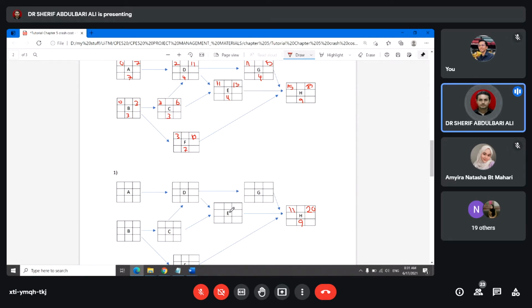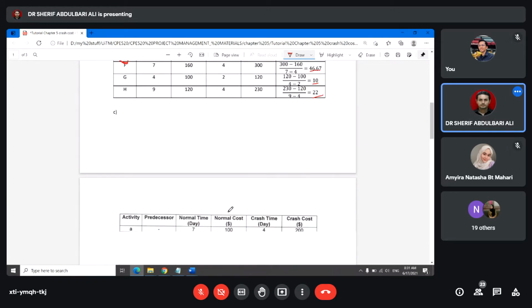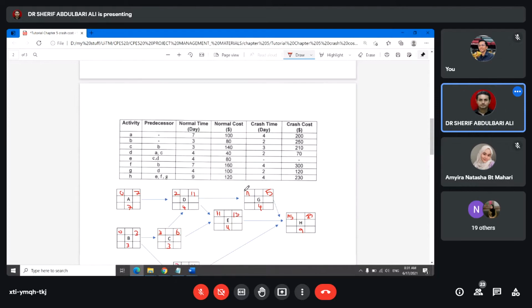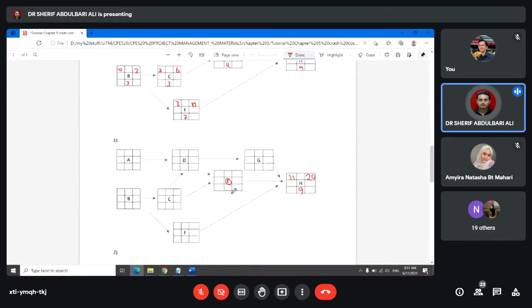Okay, remember that I cannot crash activity E, because I can crash time or crash cost. So I cannot crash it here.